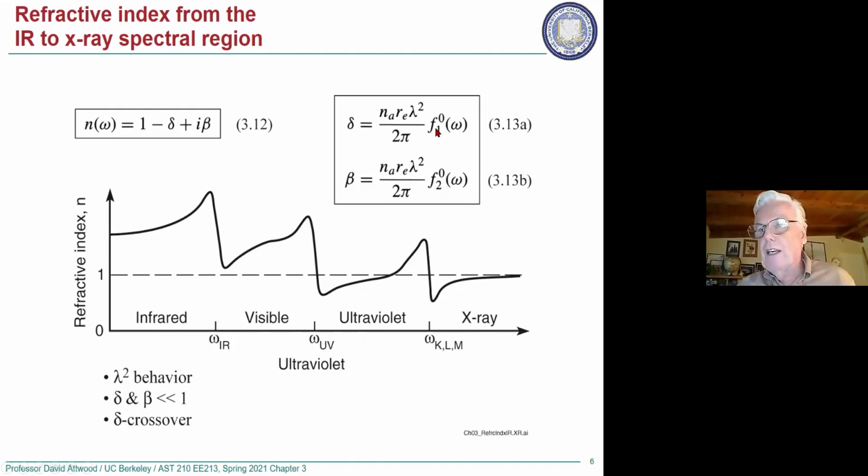The oscillator strength is capturing as much as possible the refractive index or the scattering power, but not quite at the resonances. At the resonances, the formula doesn't work. Okay, it's just not complete enough. But at any rate, to answer your question, it changes for every different material because every material has different atoms in it.